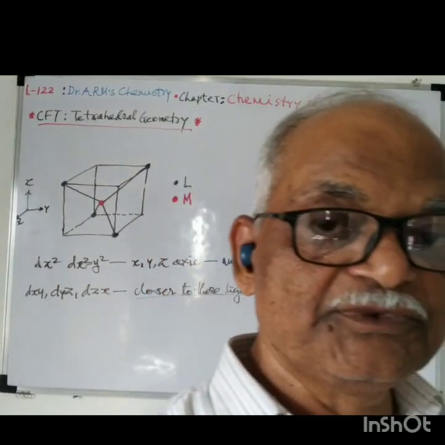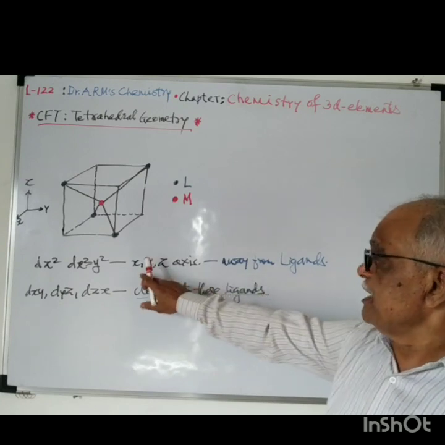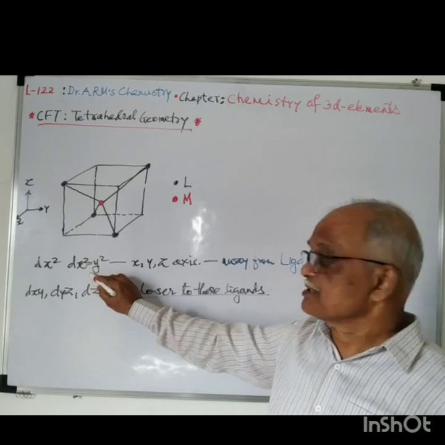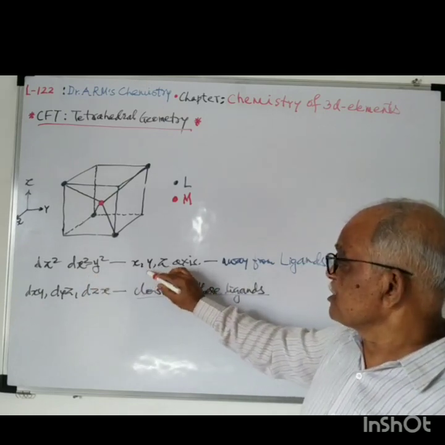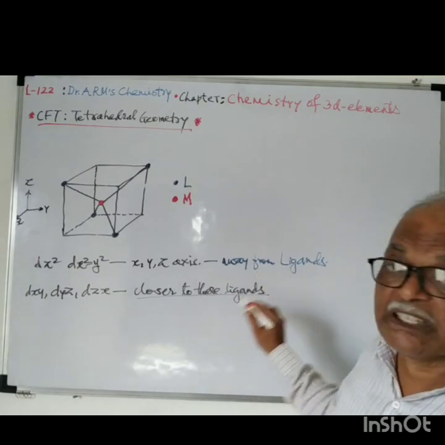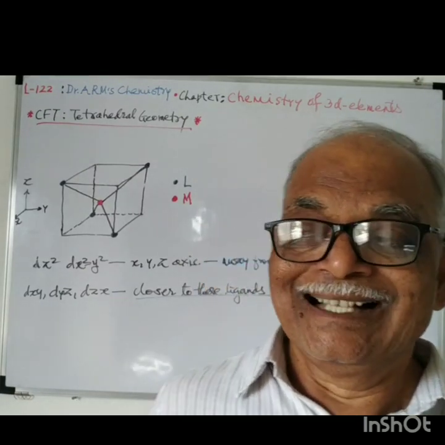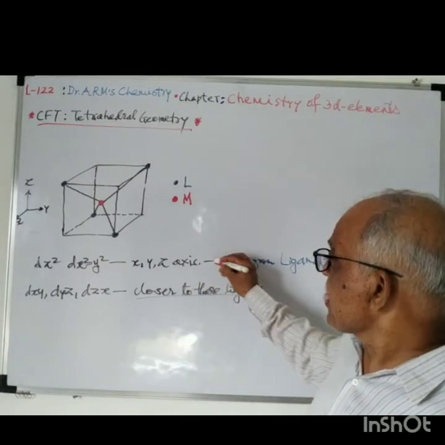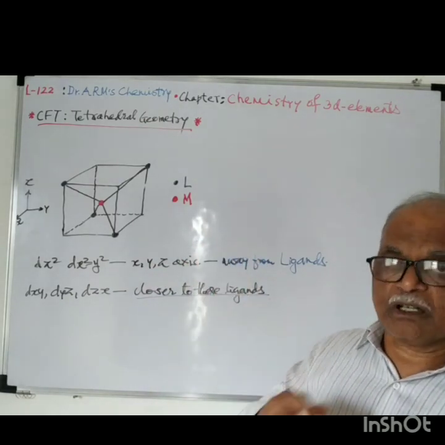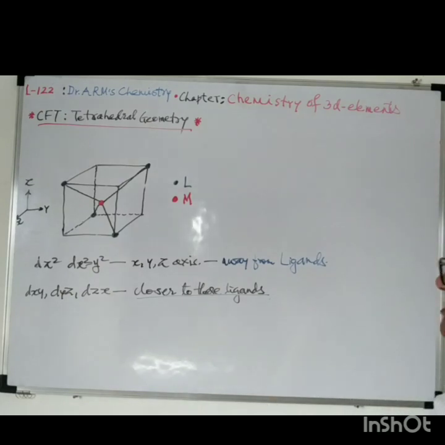This shows that the orbitals pointing in the direction of the x, y and z axes are far away from the ligands. The repulsive forces between these ligands and orbitals are very low, or the lowest we can say.